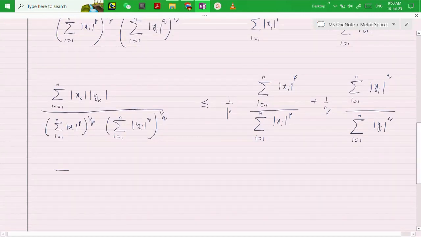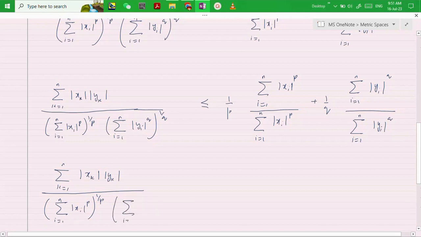So ultimately we have summation k from 1 to n mod of xk into mod yk whole divided by summation i from 1 to n mod xi or p whole power 1 by p, summation i from 1 to n mod yi power q whole power 1 by q, less than or equal to this equals 1 and this equals 1.